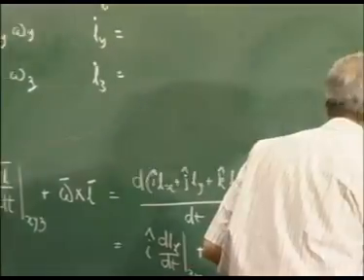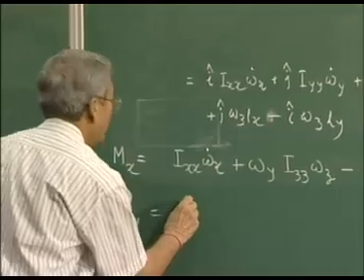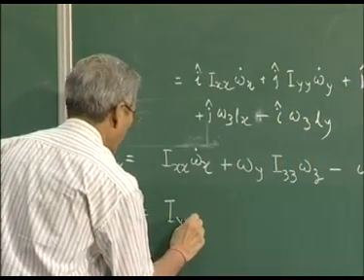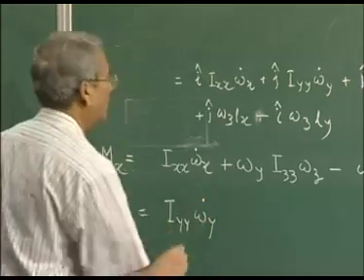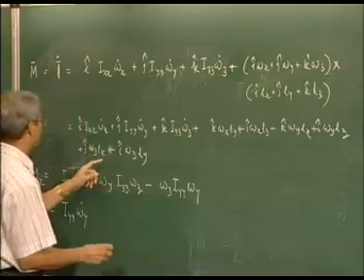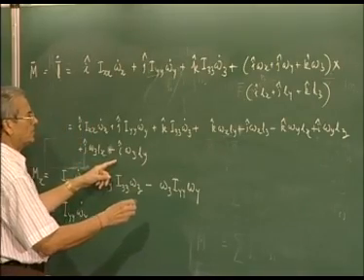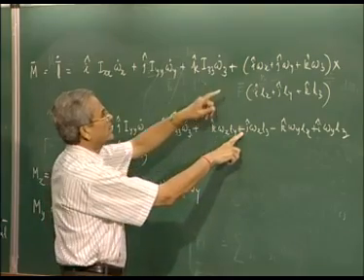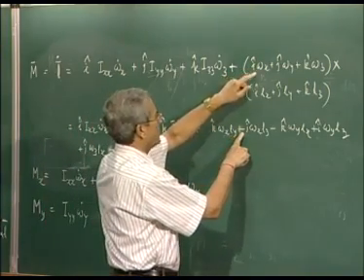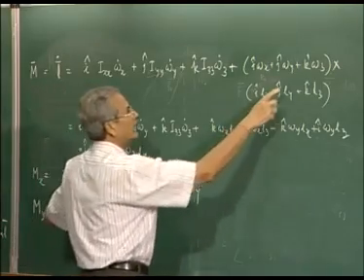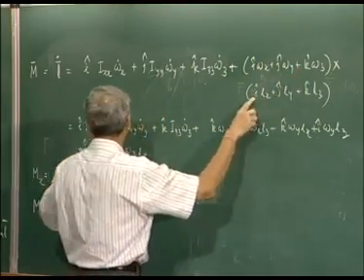Similarly, My will be the j part, that is Iyy omega y dot, then this term: i cross k is minus j, k cross i is j.